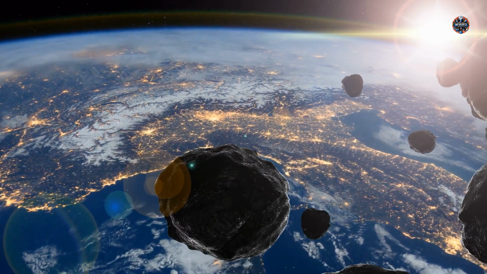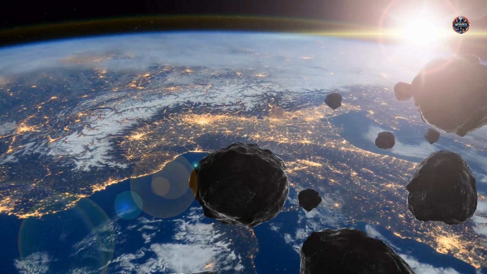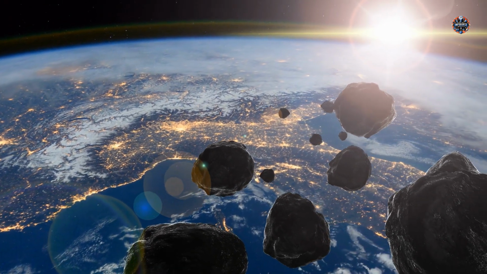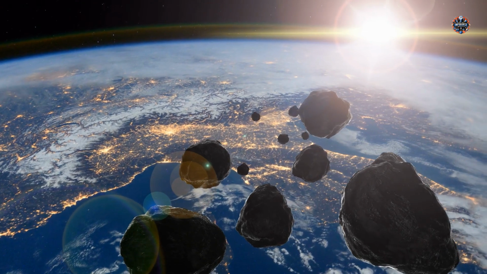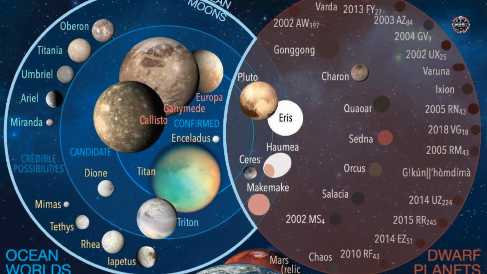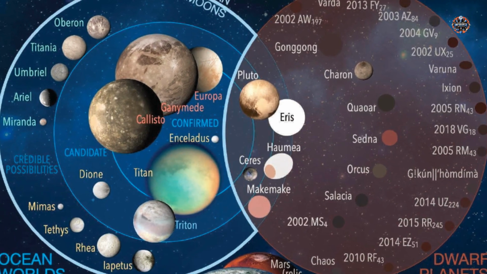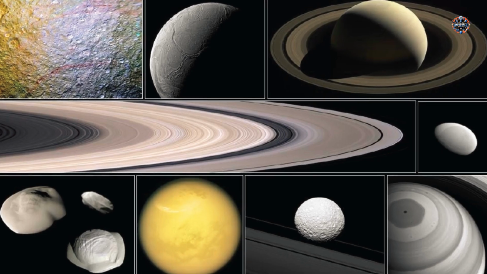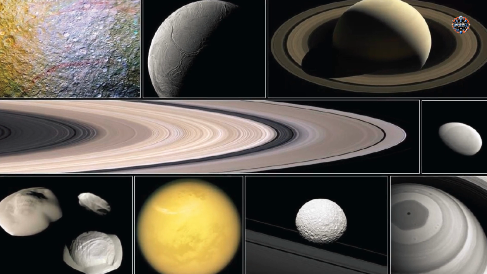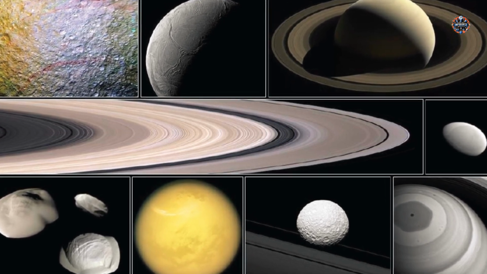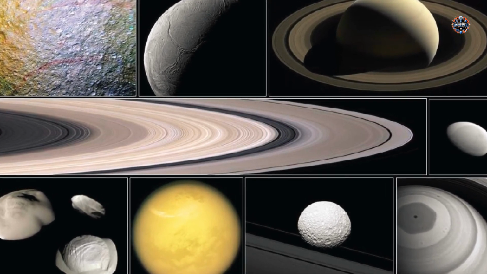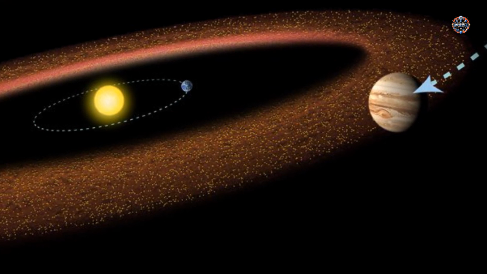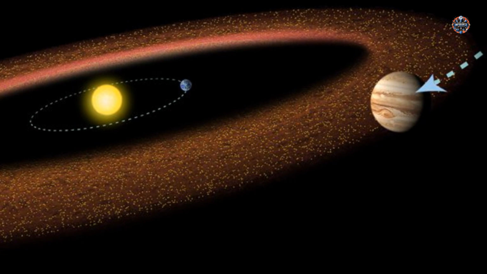A potentially hazardous asteroid is one that is large enough, over 140 meters, to cause significant damage if it were to impact Earth and has an orbit that brings it within 5 million miles of Earth's orbit. Currently, NASA reports 586 known PHAs, but continuous monitoring ensures that we stay informed about any potential threats.